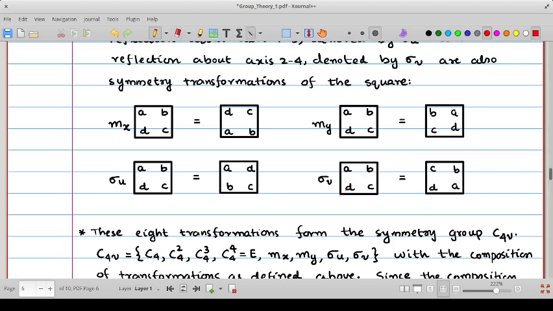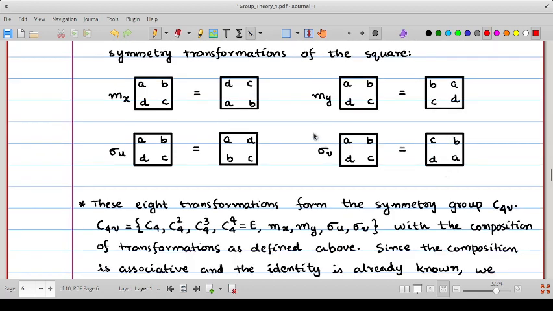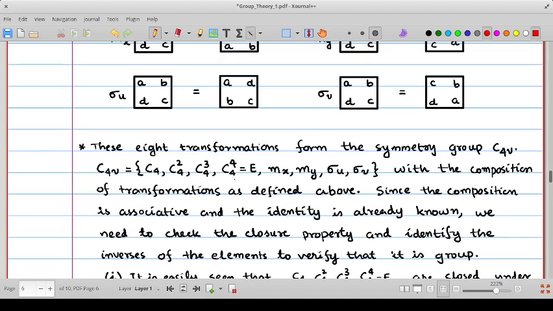Again we see that B and D do not change under this reflection, but A and C get interchanged. The operation is denoted by sigma v. So C and A interchange, but B and D remain unchanged. And that exhausts the set of symmetry transformations of the square.